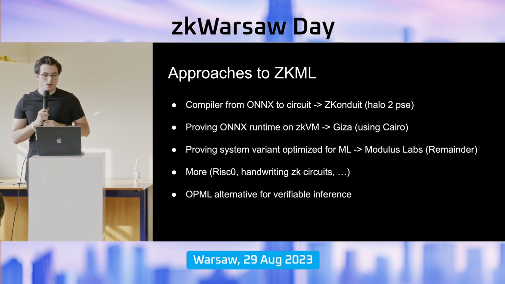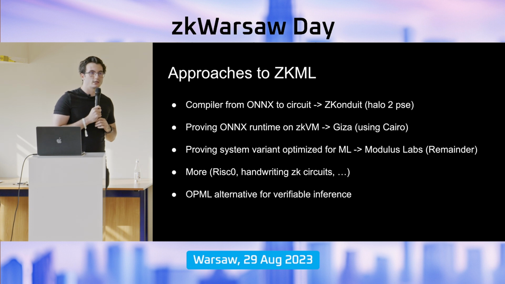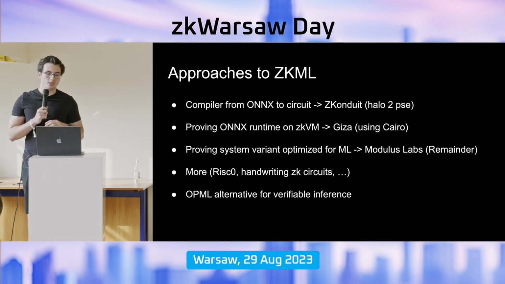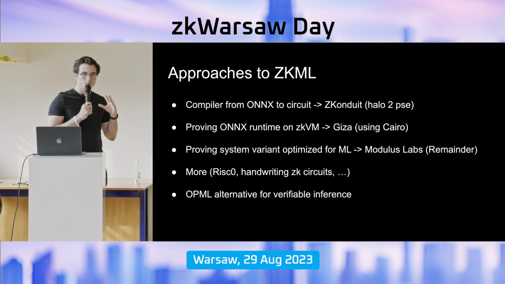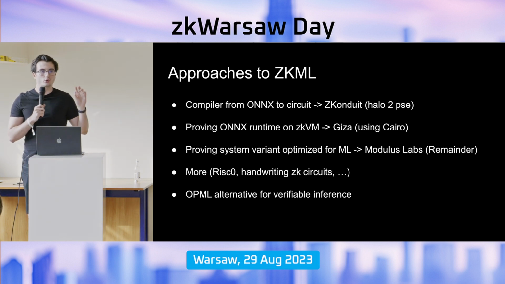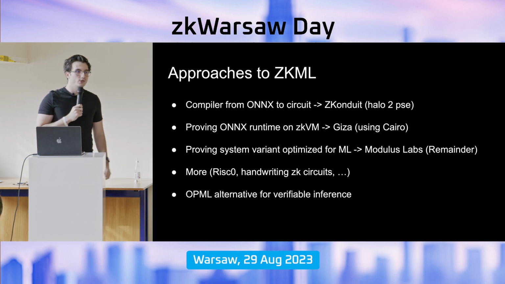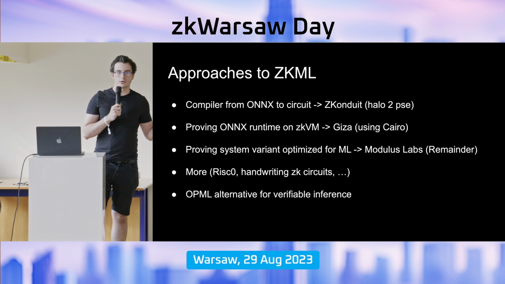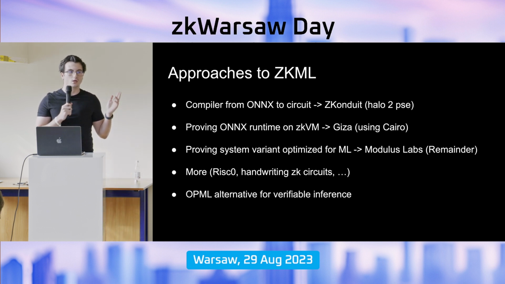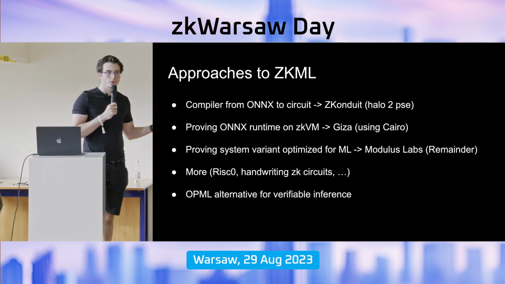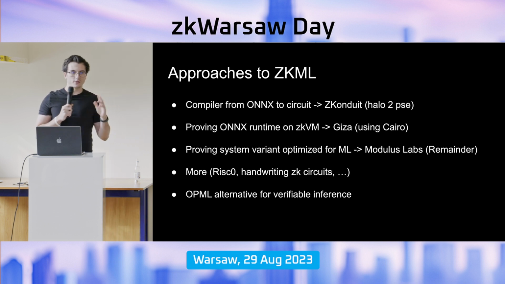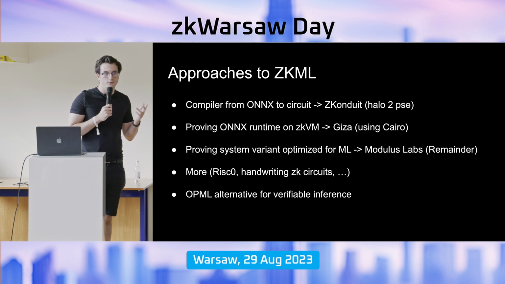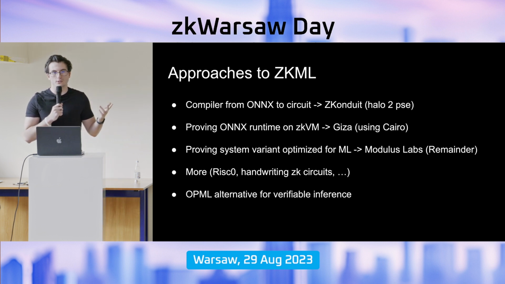Another approach that some other folks are taking is more bare bones, which is actually writing or deriving a variant of a proof system that's more oriented towards machine learning operations. In the world of machine learning, we're usually dealing with floating point arithmetic, as opposed to the world of zk, where we're usually dealing with field elements, and field elements don't represent floating point numbers very well.